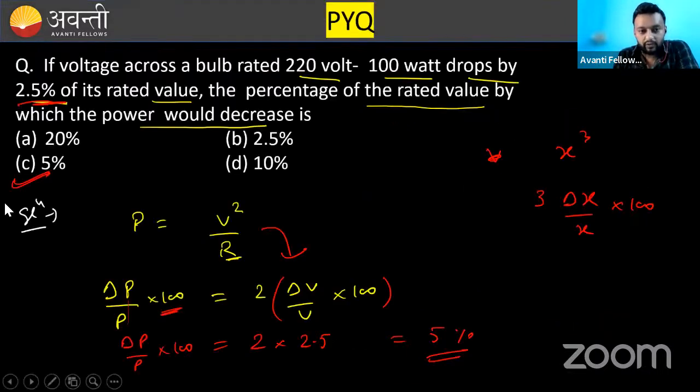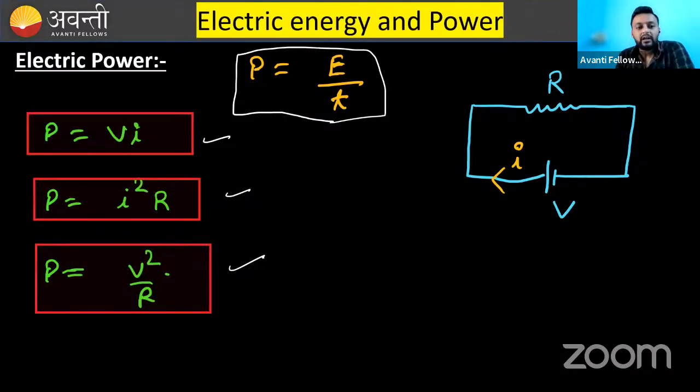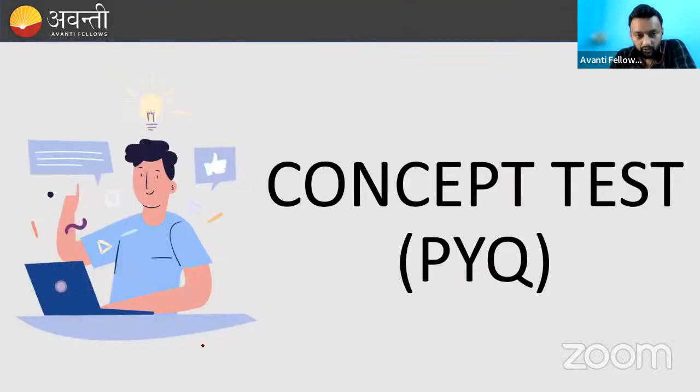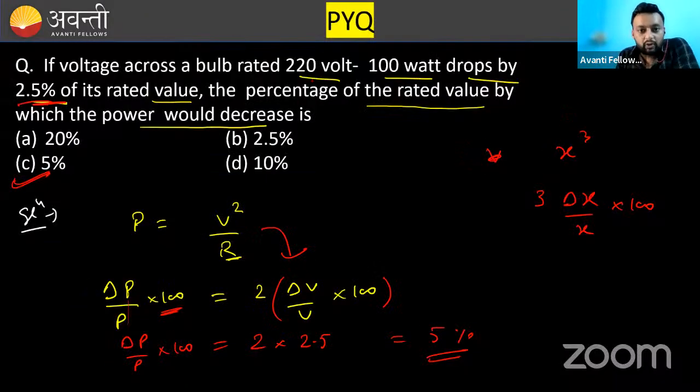Moving back. Here we have a lot of formulas. The question says that the bulb has some potential, and it must have some resistance. Clear? If you change the potential, then the current will also change.